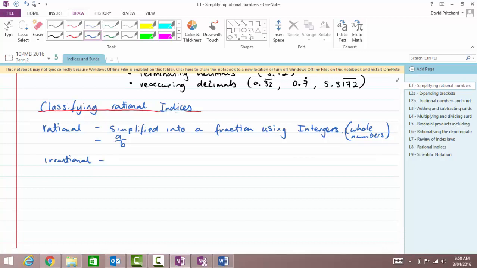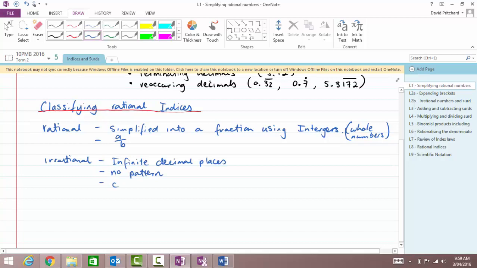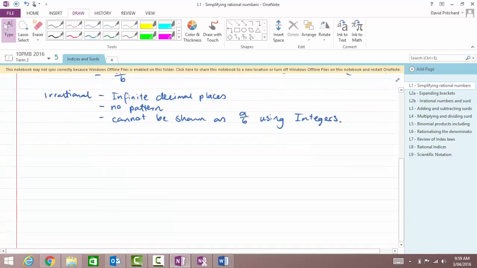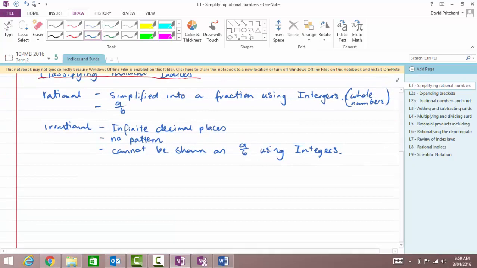Irrational values, they'll have infinite decimal places, and there's no pattern. They cannot be shown as a over b used in integers. So rational, irrational. Today we're talking about rational, and then we'll spend the rest of the topic working with irrational values, or surds. Now if we broke both of these down, they both fit into what we call the real number system.